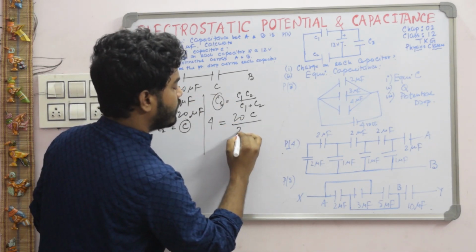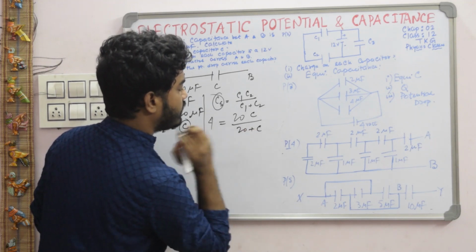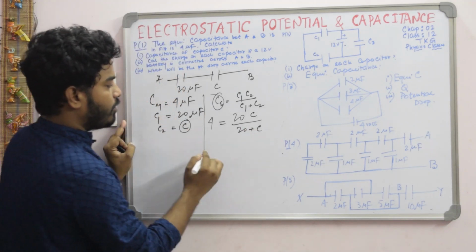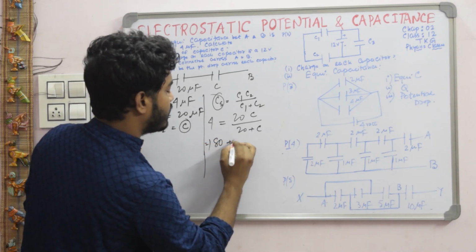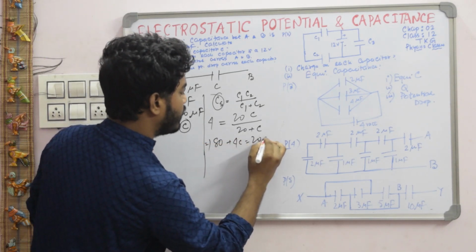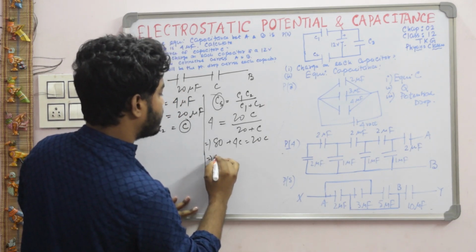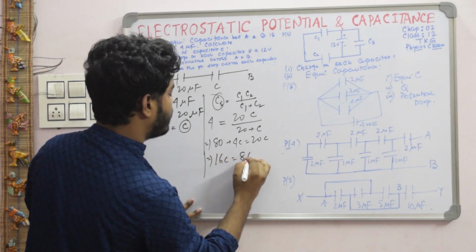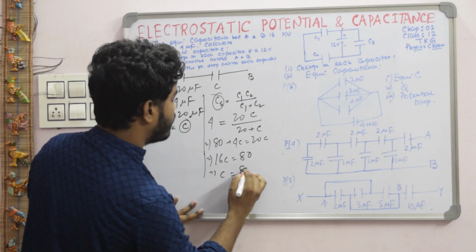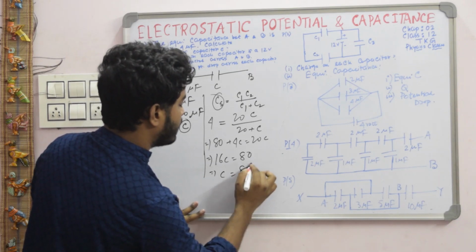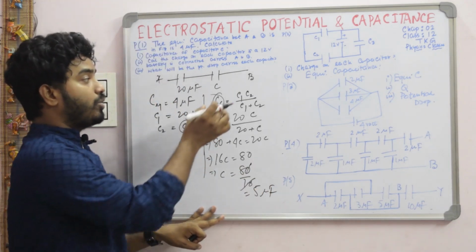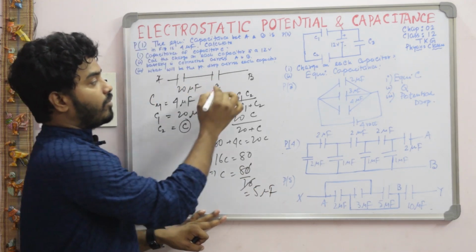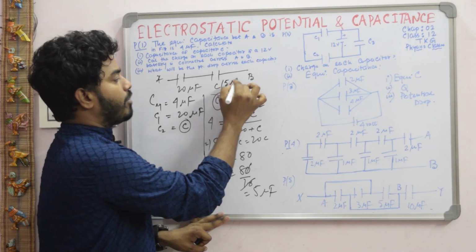So 4 times (20 plus C) equals 20C. This gives 80 plus 4C equals 20C, so 16C equals 80. So C is equal to 80 by 16, that is 5 microfarad. So the first answer, the magnitude of C, is 5 microfarad.